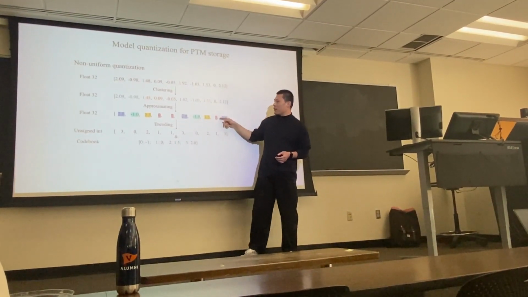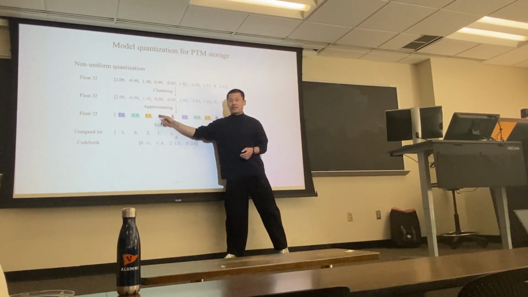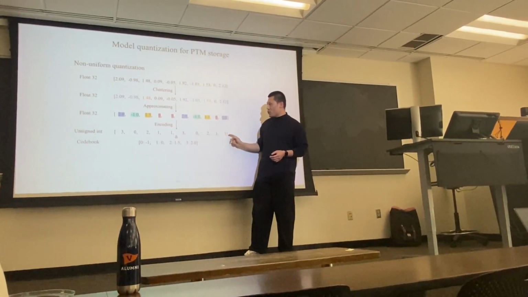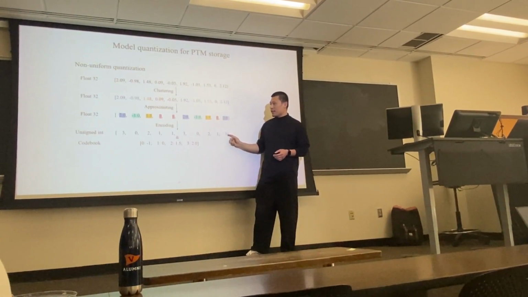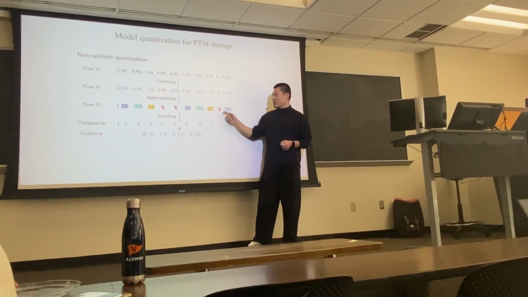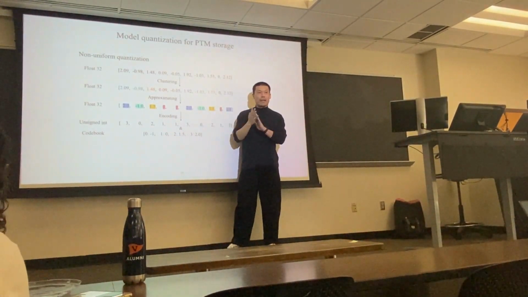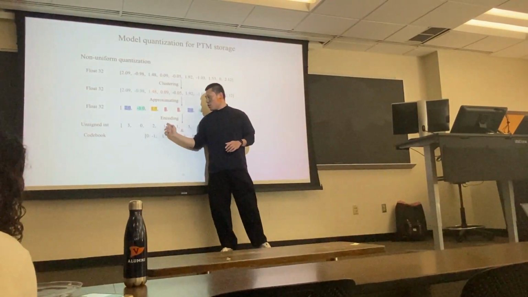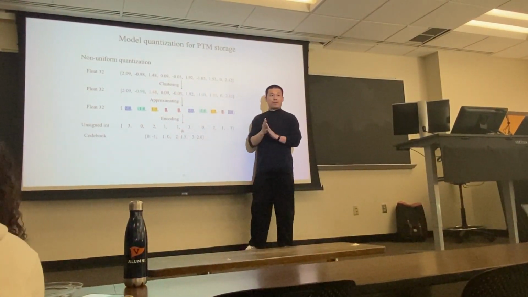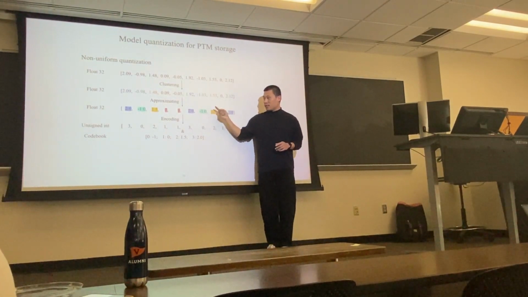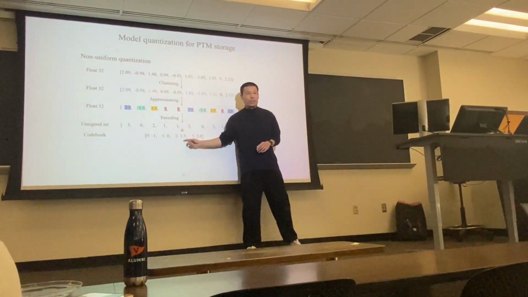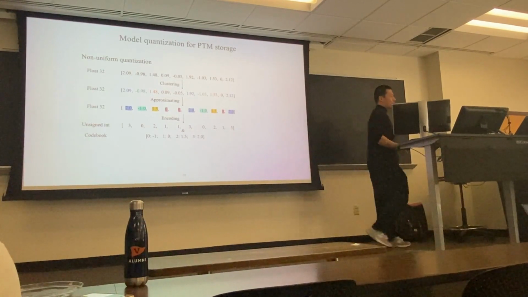Right now these are floating 32 points, and we can just use an unsigned int to represent them, which is only 4 numbers: 0, 1, 2, 3. That's 4 numbers, right? And we need a code book to record which is which.